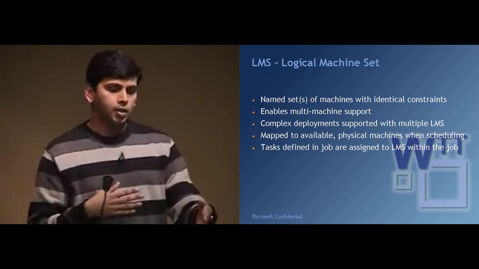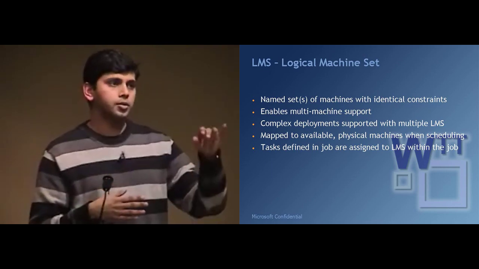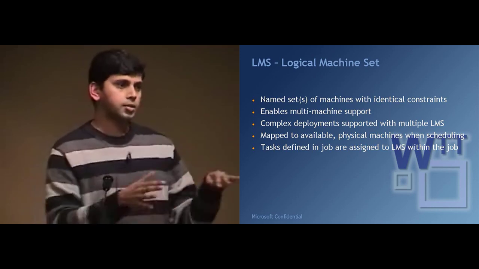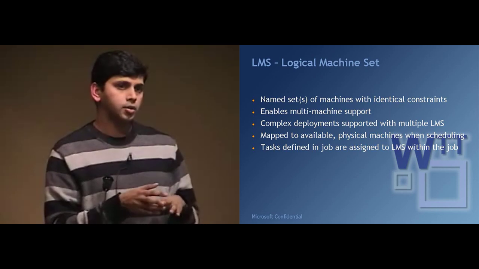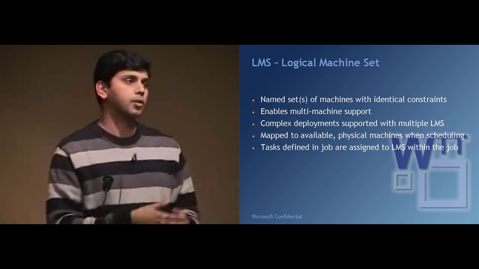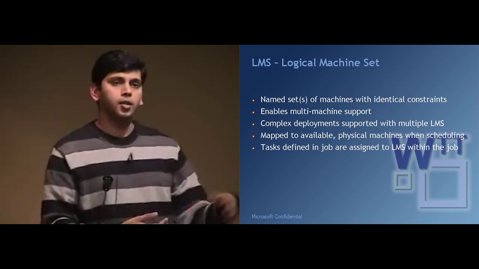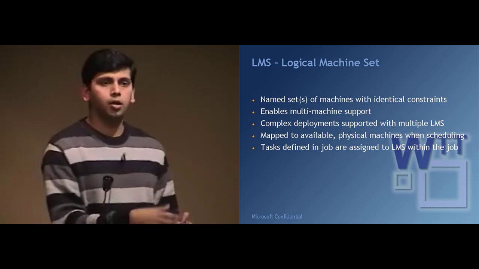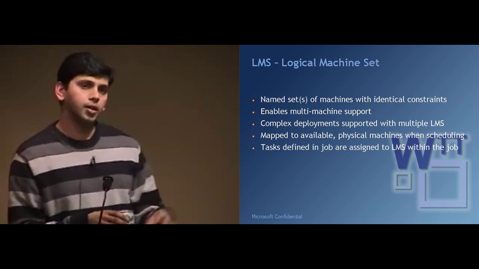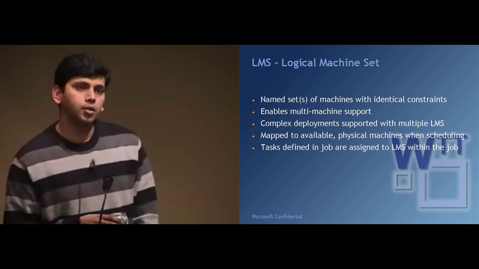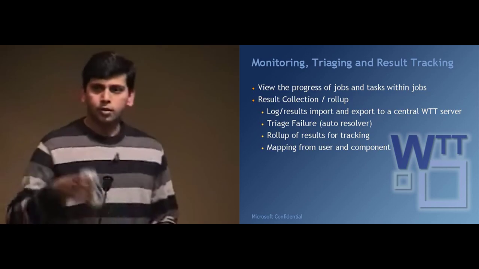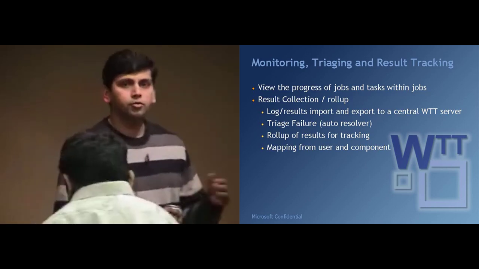Then when I define my job, I'll say these are the constraints to use on the machine, and based on that select a machine set. Out of 15 it will find these are the 3 satisfying it. Either I can manually choose from it, or it can automatically choose from that and send the job over there. With that, I would ask Rini to come over and show you what I am talking about.